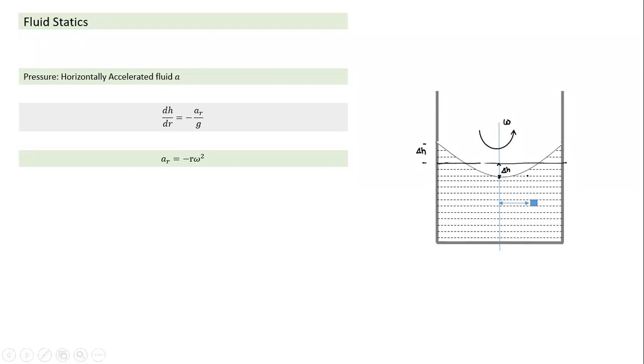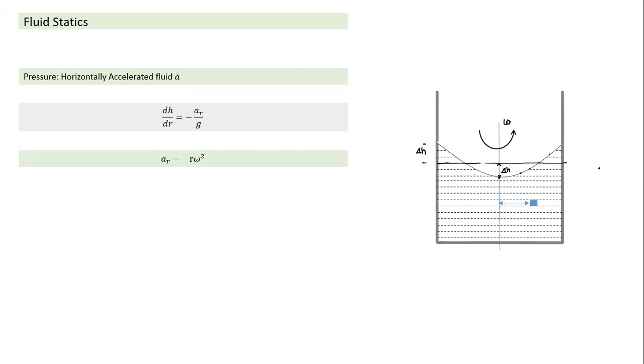In this case also, if we look at why it takes this shape, understanding the shape is easy in a sense. On the right hand side, the slope is positive. Why is the slope positive? Let me take a small piece here. At different points I will have different horizontal acceleration, which will depend on the distance from the center.